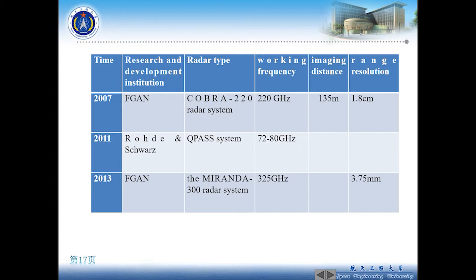In 2011, RS's radar type is a QPASS system. Its working frequency is 70 to 80 GHz.